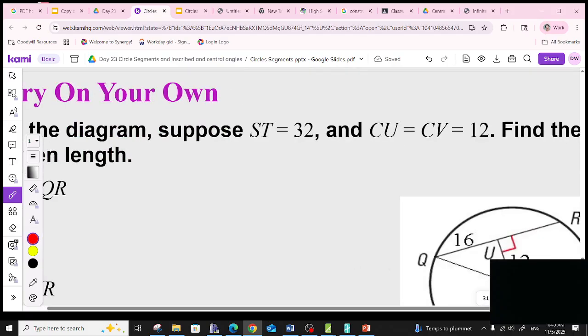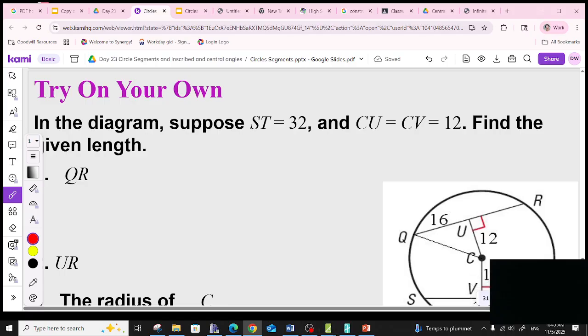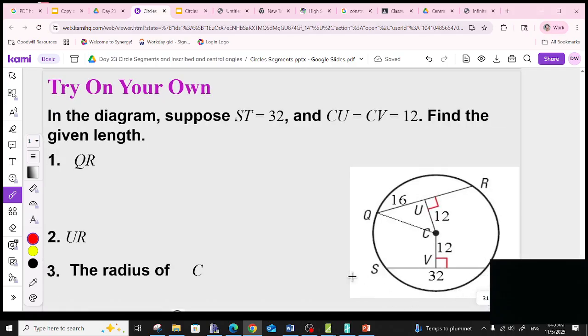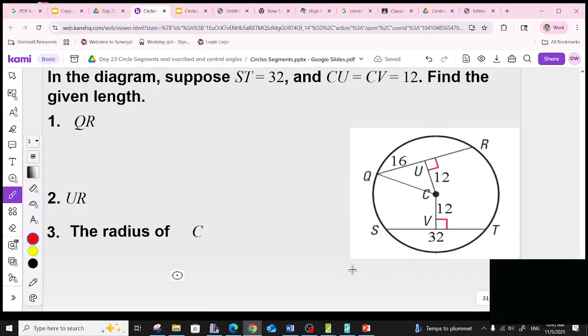So try doing this one. It says in the diagram, suppose ST is 32, CU and CV are equal. They're 12. Find the given length. QR.